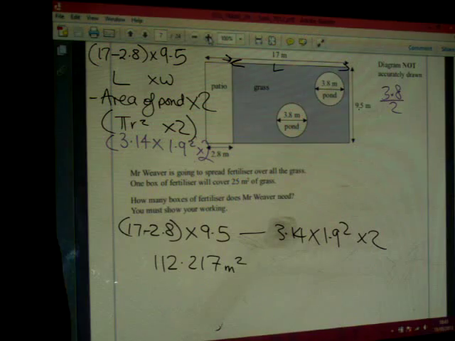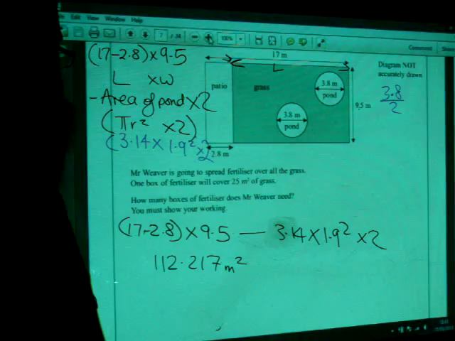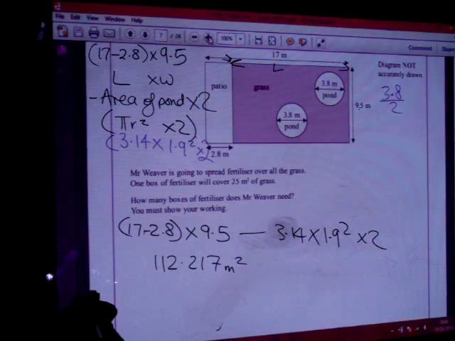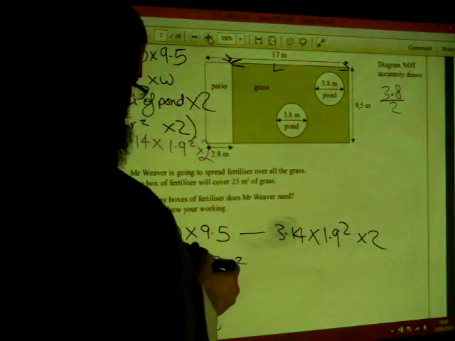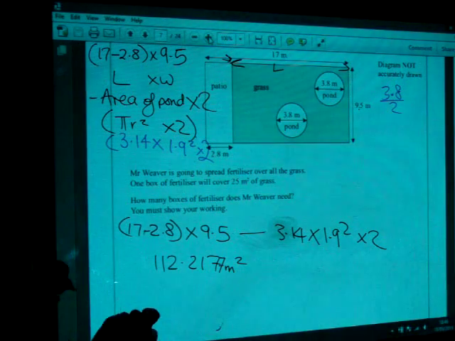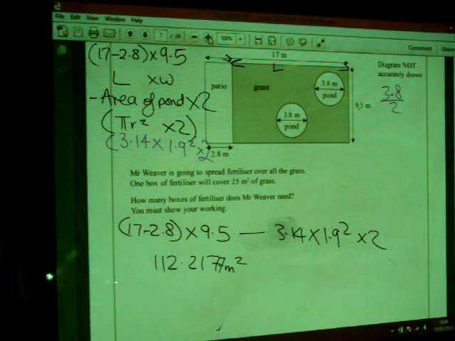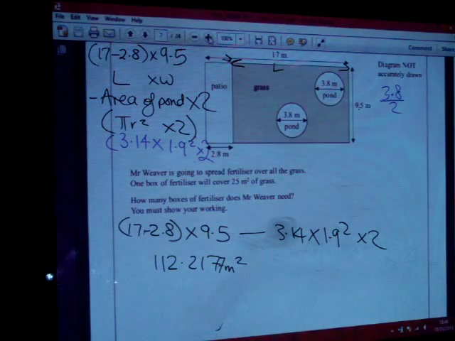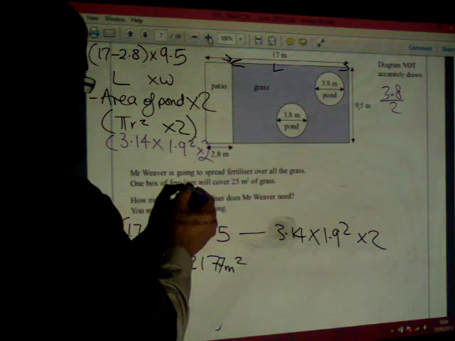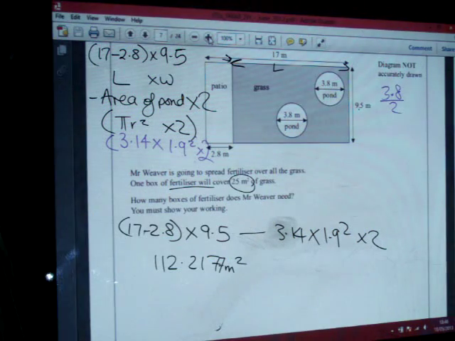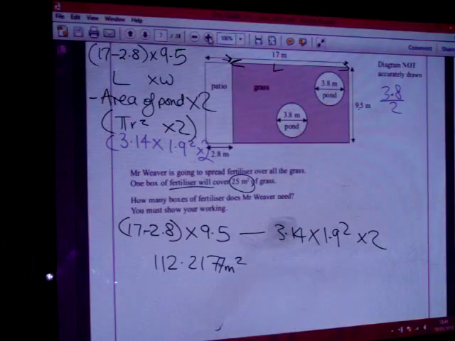Okay, that's our answer so far. 112.2177. Now that's how many meters squared of grass that we have, and we know that the fertilizer covers 25 meters squared.